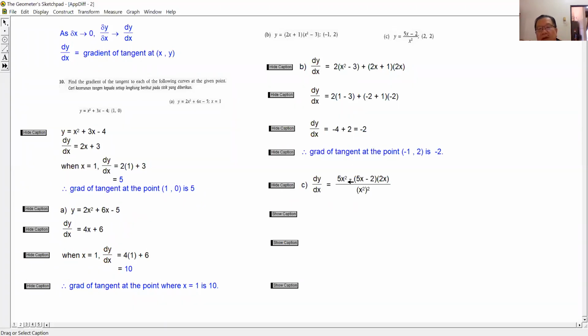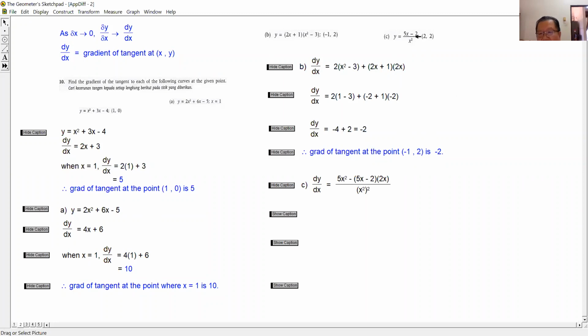You have to differentiate the numerator first. Differentiate numerator, you get the 5 here. Can you see the arrow that I'm pointing? Yes, sir. Then I keep the bottom, the denominator, that's how I get the x squared.